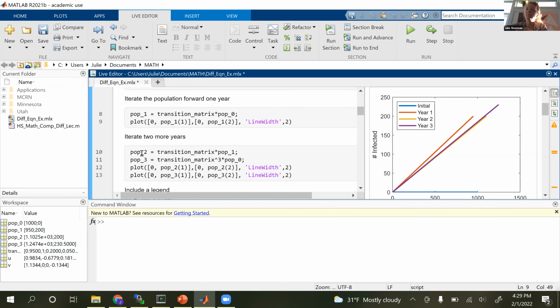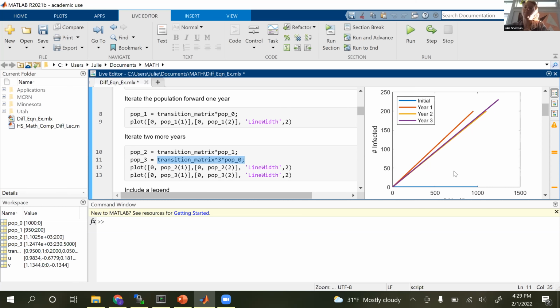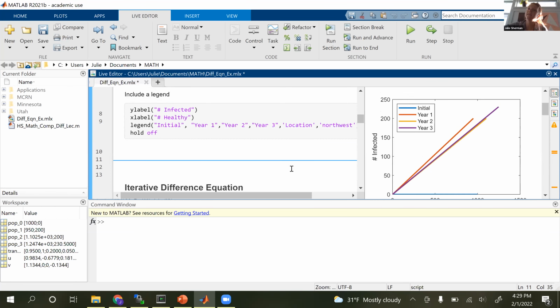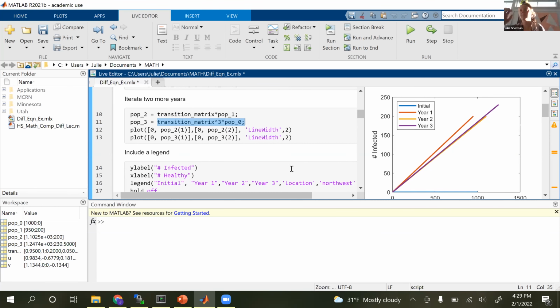If we do this twice more, we just keep multiplying by the transition matrix time after time. And we see what has already been plotted by MATLAB: we're kind of converging to this single direction, and that is called an eigenvector. What is important is that once we're on this direction, we stay on that direction.